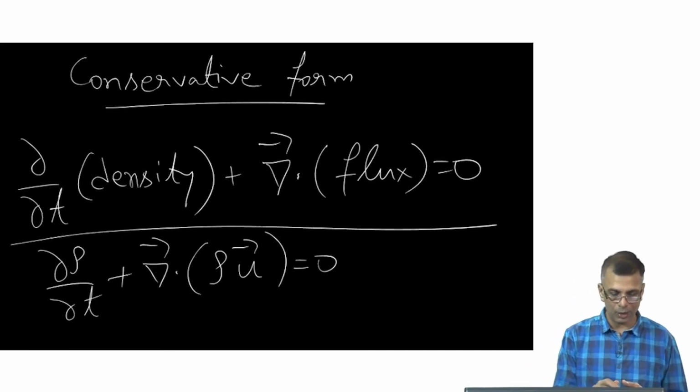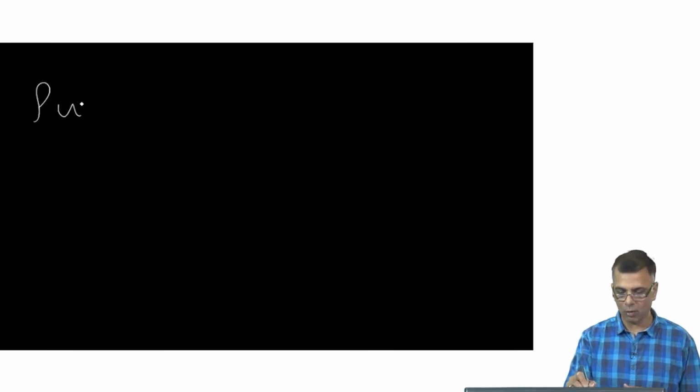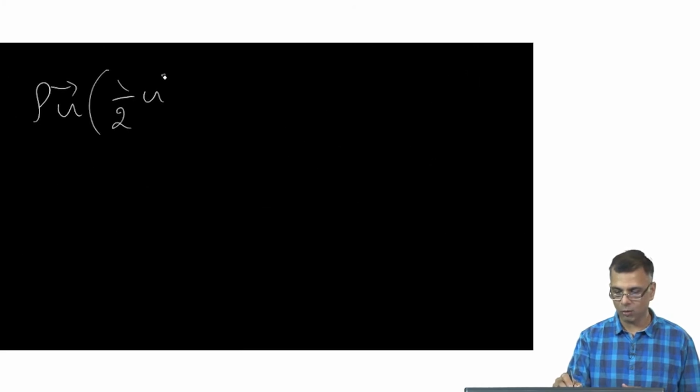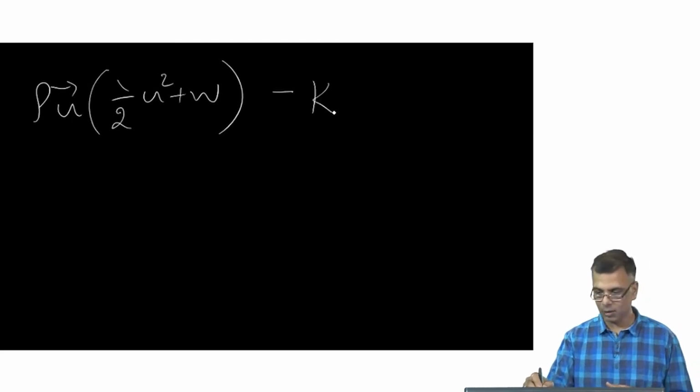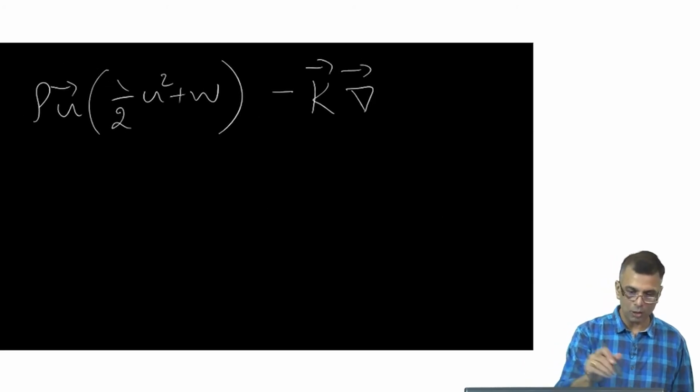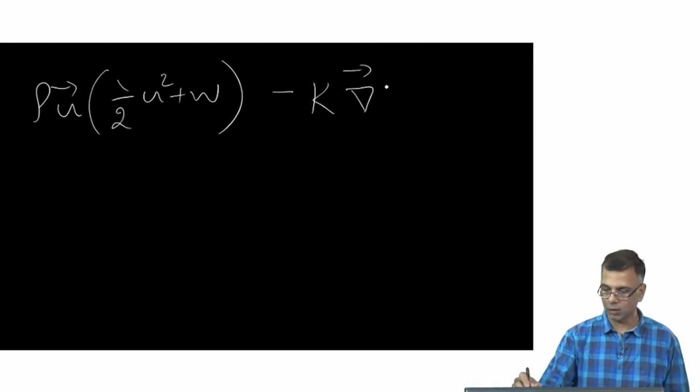Okay. Now, coming to the other thing to keep in mind. Going by the same token, the quantity rho U times 1/2 U squared plus enthalpy density, sorry, this is just a coefficient.